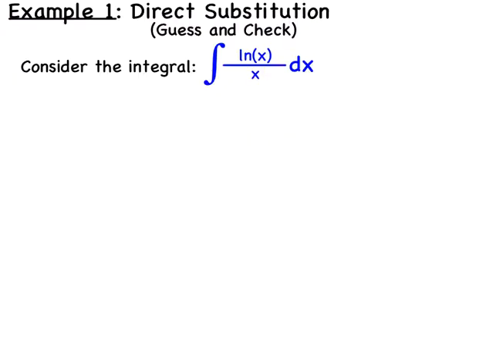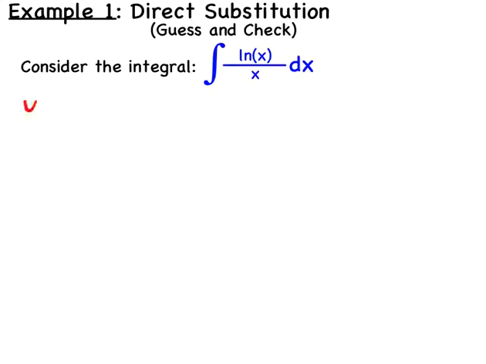So in this first example, typically we would choose the denominator as u, but we can see here that if u is x, we would get du as 1 dx, and this does not match. It does not address our natural log function at all, so we have to make a different choice for u. Our different choice is going to be natural log.